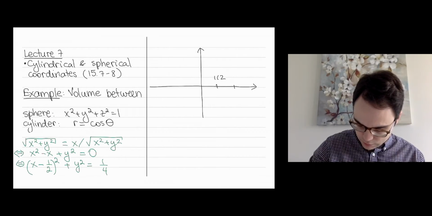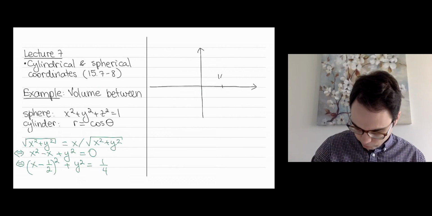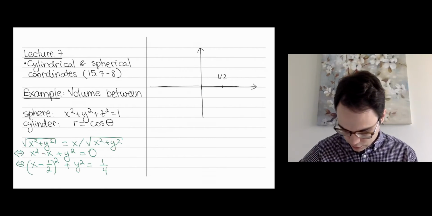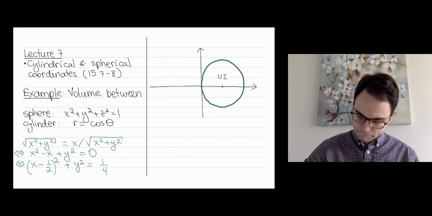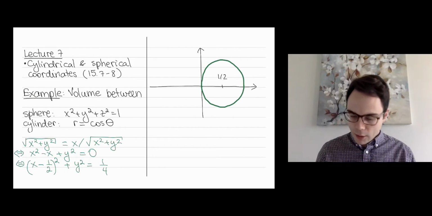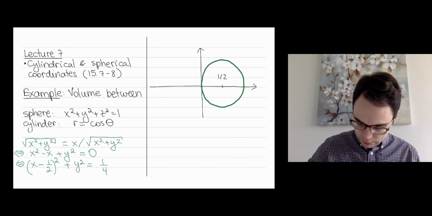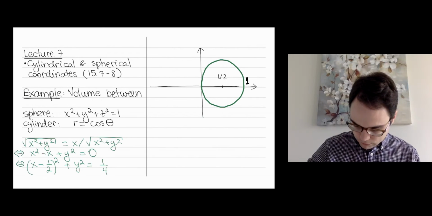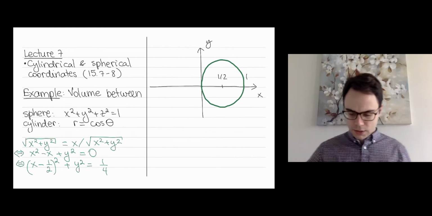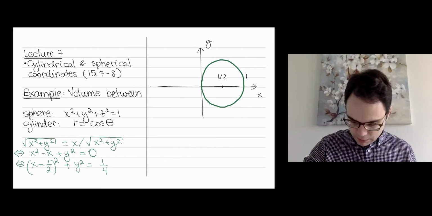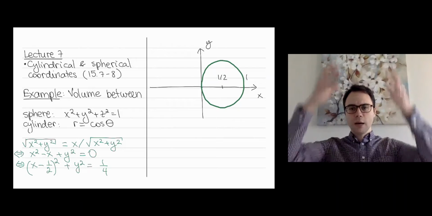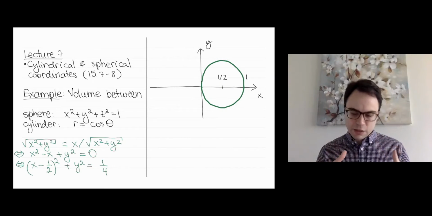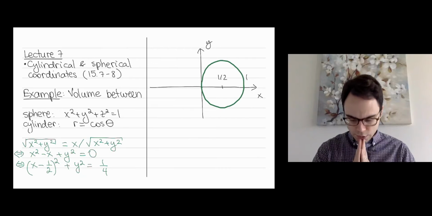So this is the center of the circle, and the whole circle has radius 1/2, so it looks something like this. Now, this is in the xy plane. The cylinder is a vertical shape. It goes up, and it meets the xy plane on this green circle.